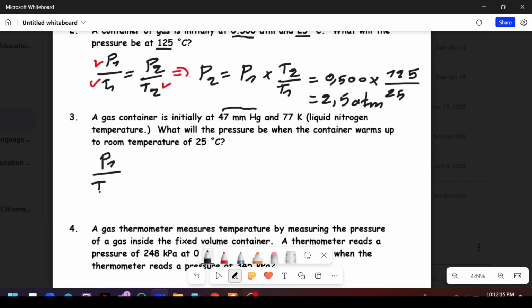So we have P1 divided by T1 equal to P2 divided by T2. We're looking for the final pressure, which means P2 equals T2 divided by T1 times P1. But first of all, let's convert each parameter to unique units.